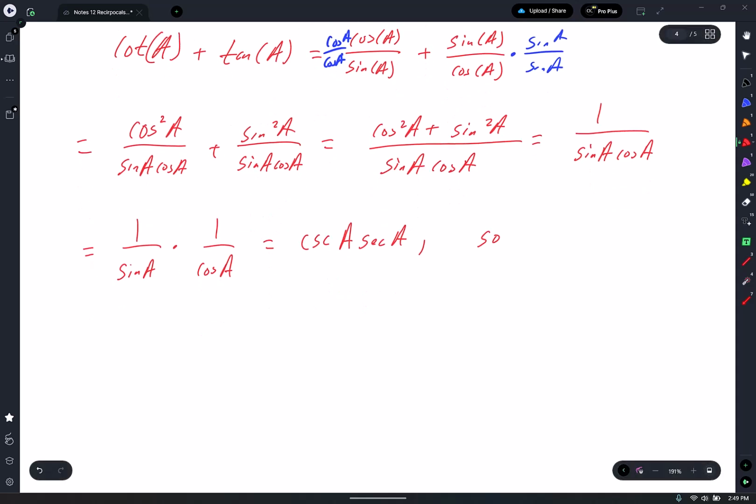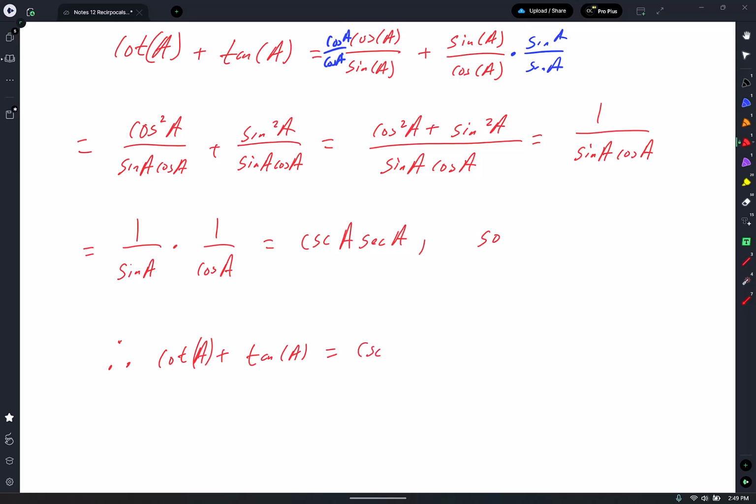So, 3 little dots in a triangle. Cotangent A plus tangent A does in fact equal cosecant A secant A.